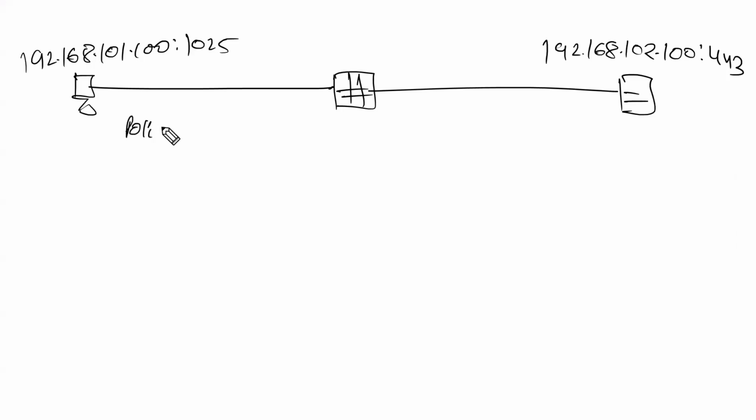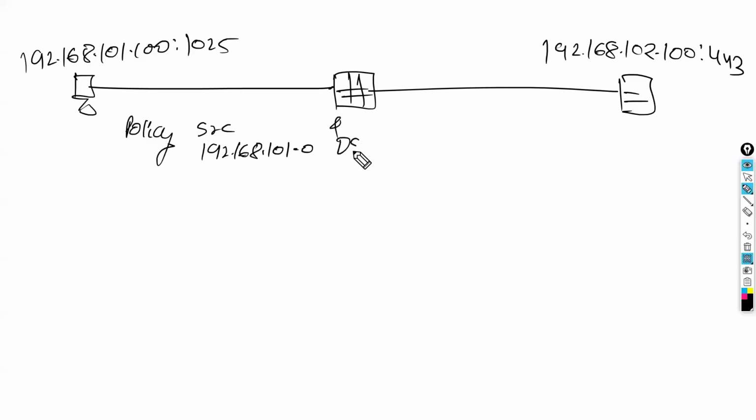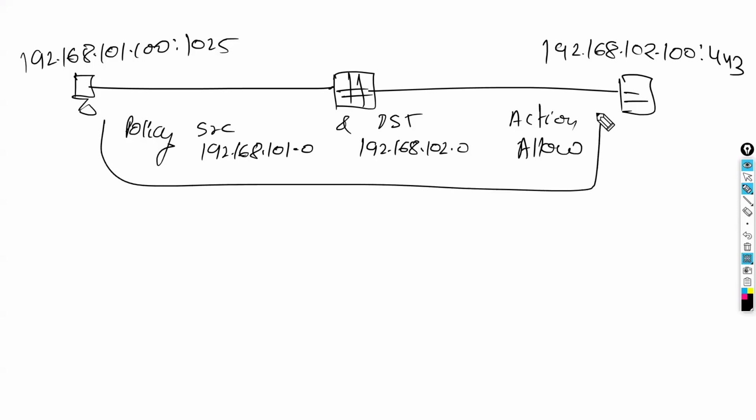We have to define a policy here: the source network is 192.168.101.0, and the destination network is 192.168.102.0. Then the action should be allow. Such a policy we need to create here.